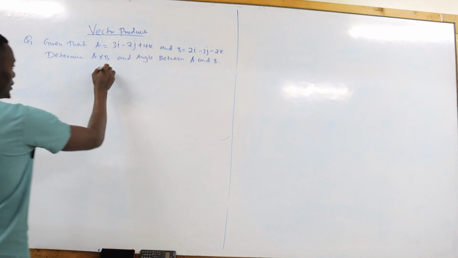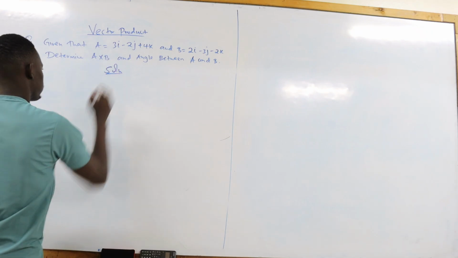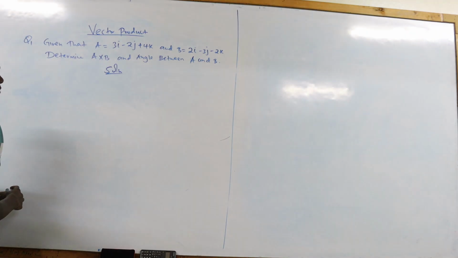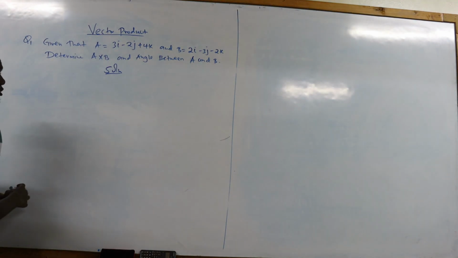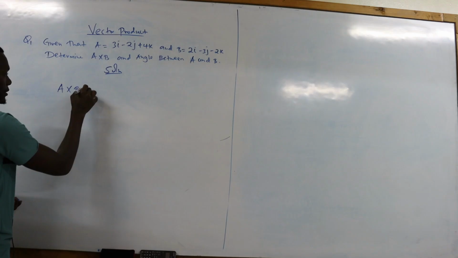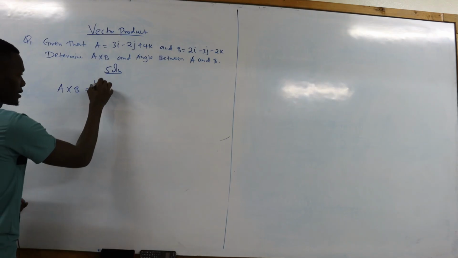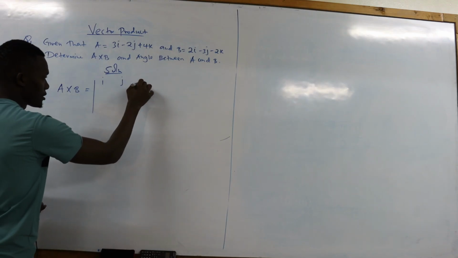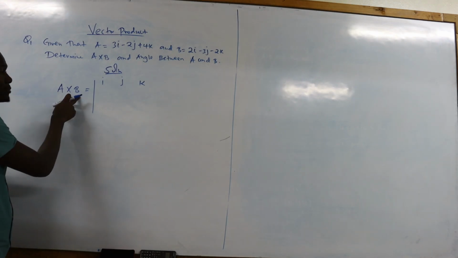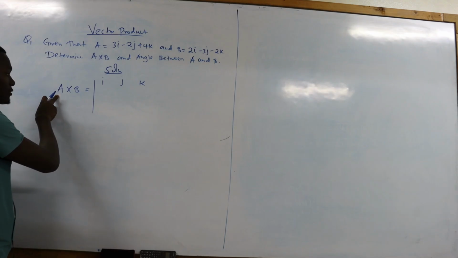Solution. If you have your vector A and vector B, and you're working out your cross product, how do you write it? Very simple. It is A cross B, which will be given by i, j, k. Take the values of A. If it is A cross B, the values of A start. If it is B cross A, then the values of B start.